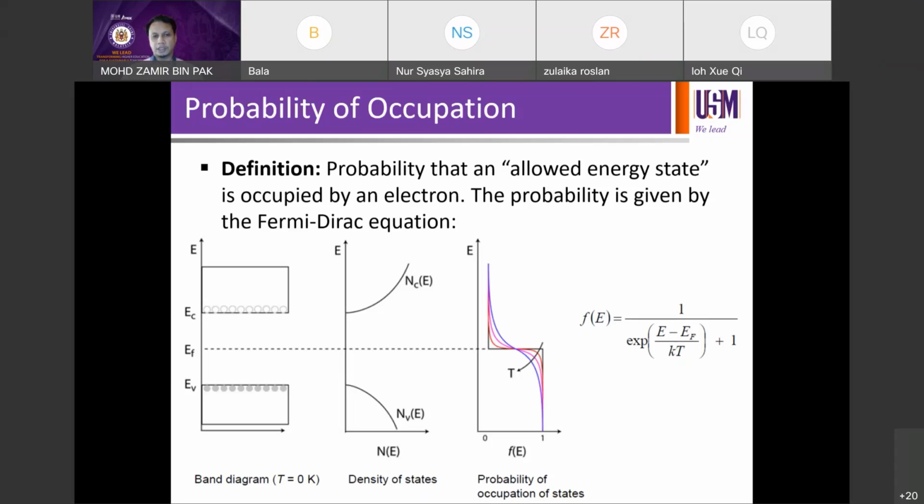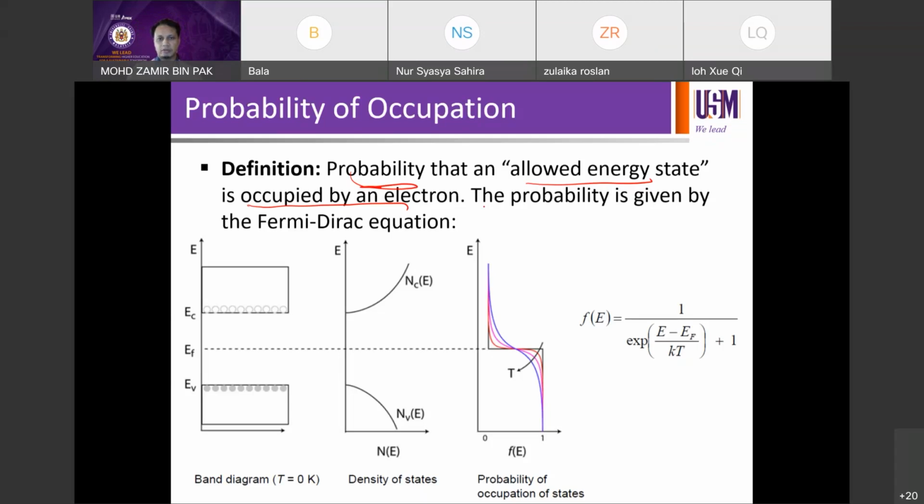Probability of occupation is defined as the probability that an allowed energy state from the DOS is occupied by an electron. And that probability is given by the Fermi-Dirac distribution function.